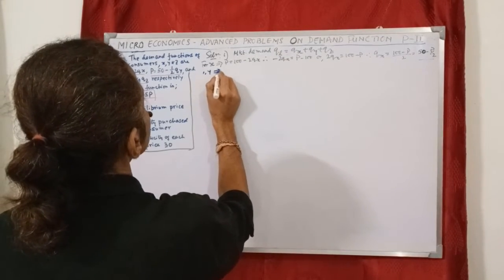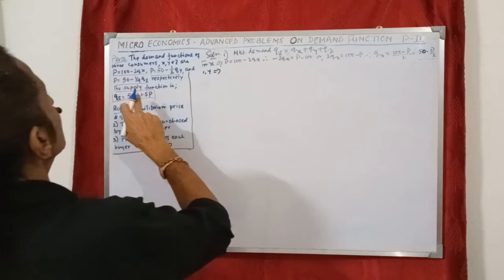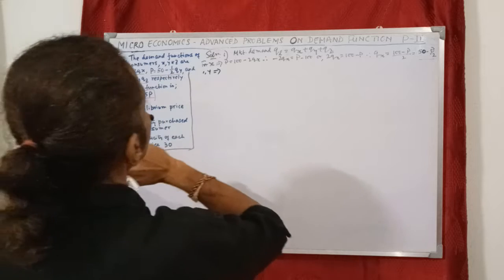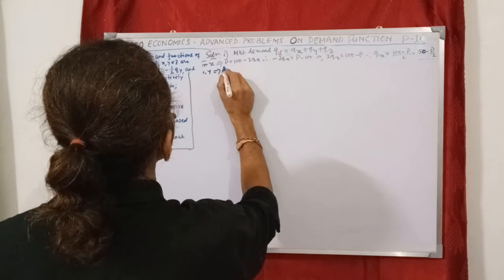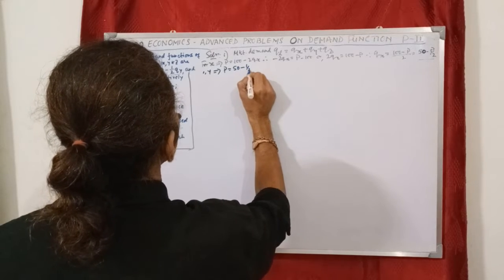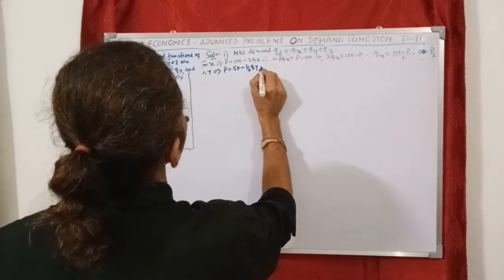For Y, P equals 50 minus 1 by 2 qy. So this is P equals 50 minus 1 by 2 qy.